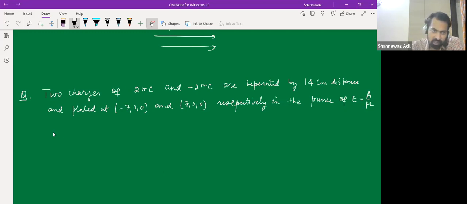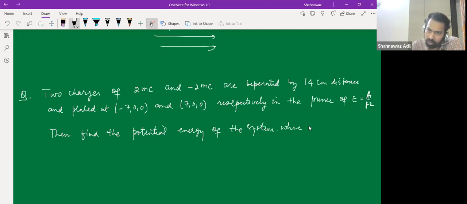Find the potential energy of the system, where A is 10 to the power minus. Okay, so this is the question. Is this clear to you guys?